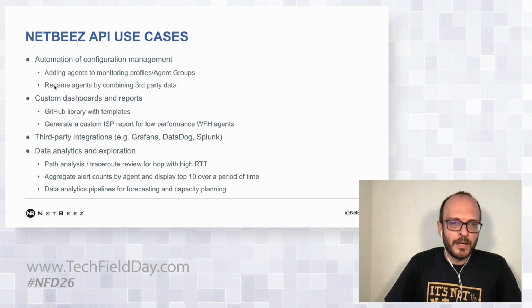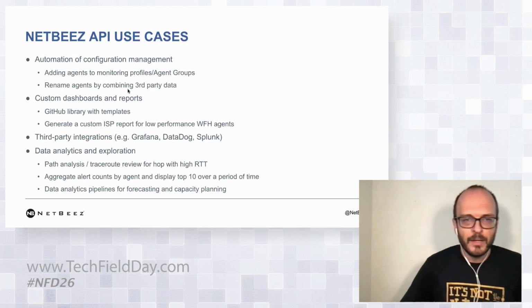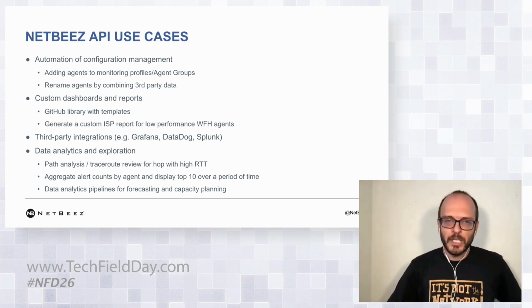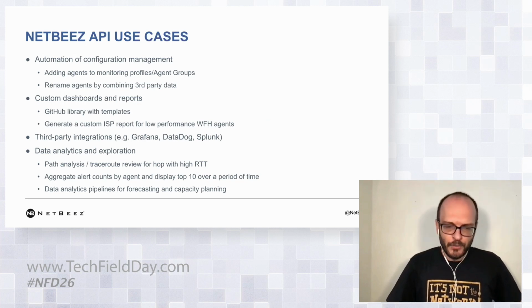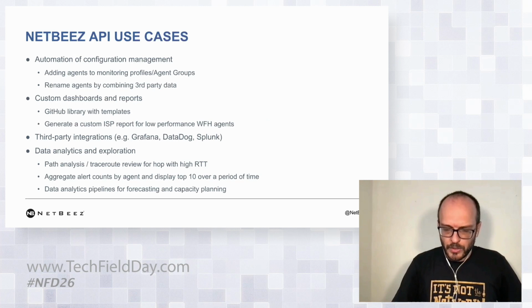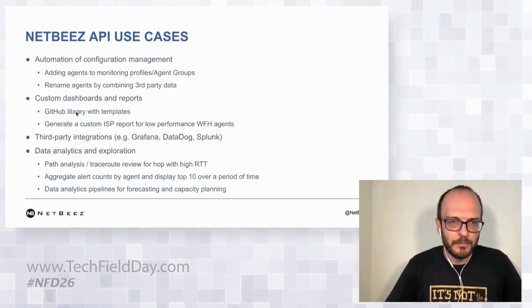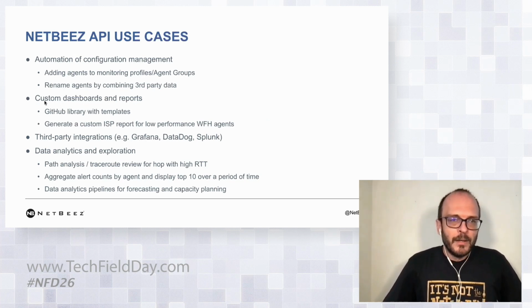Another use case is renaming agents by combining third-party data. We had a customer managing thousands of remote worker agents, and it was very hard for them to manually change the name of each remote worker agent to correspond to the specific user. So we built this use case together to enable them to manage that better.